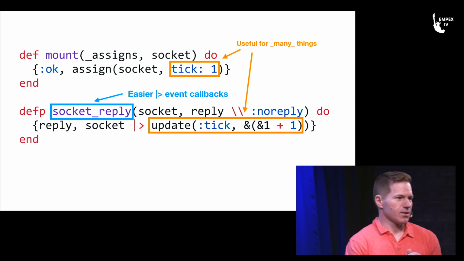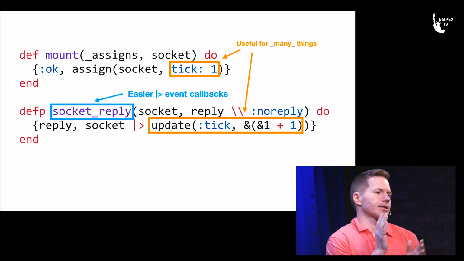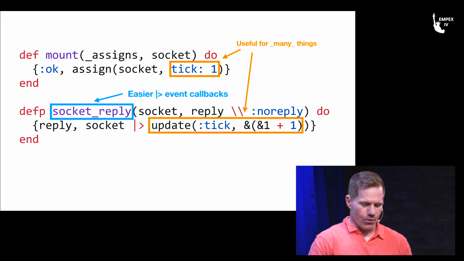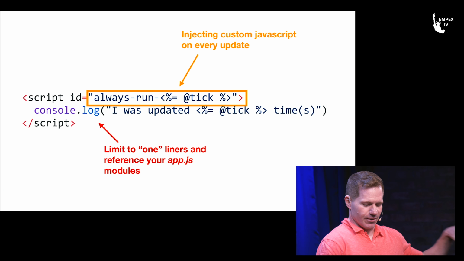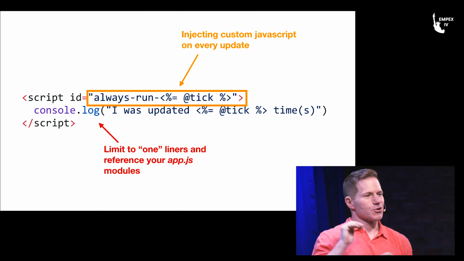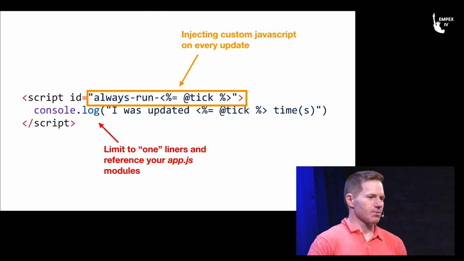So how are we going to do this? First thing that I like to do is put a TikTok in my live views. The reason that we do this is so that I can force the diff on the client to run some custom JavaScript, because sometimes we might need to do some custom JavaScript.